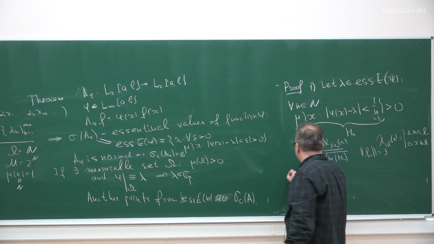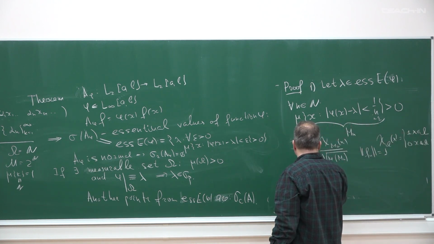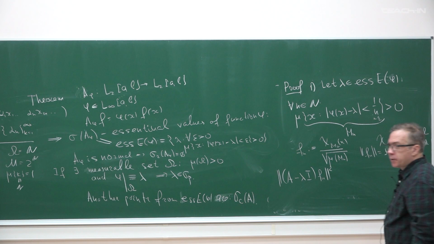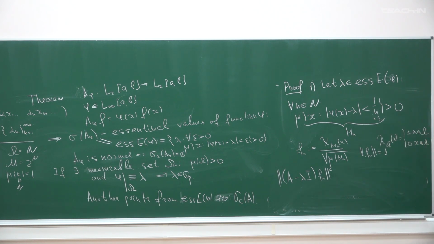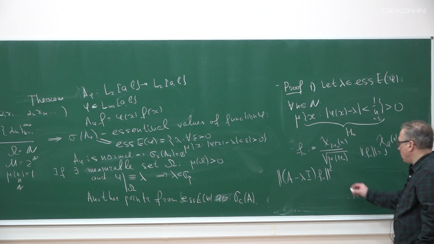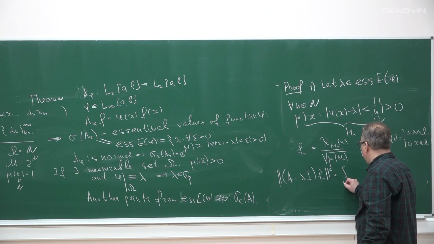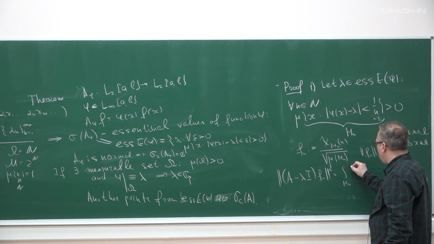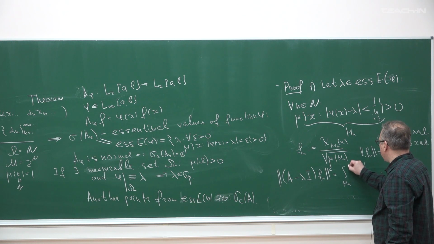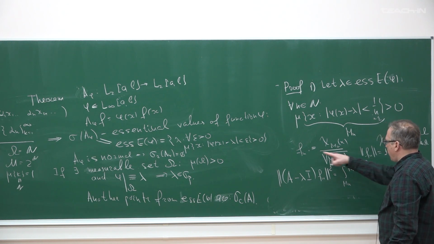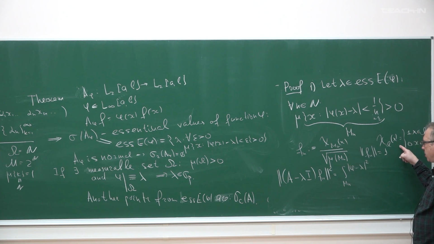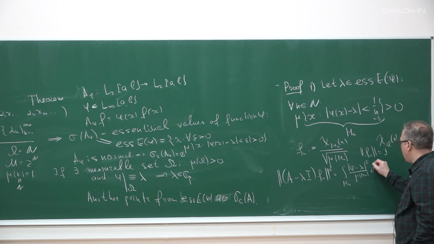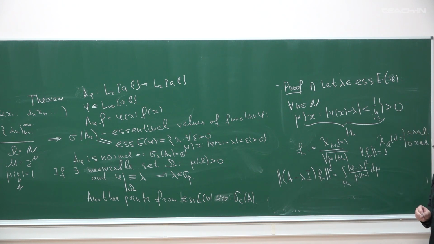And now let's calculate this. It equals the integral on the set Mn only, of phi minus lambda squared. fn here is 1 by definition of the characteristic function, divided by the measure of Mn, and the Lebesgue integral d mu.